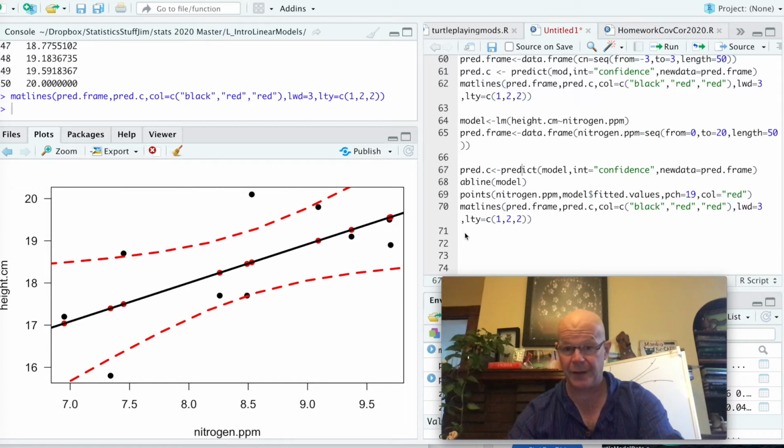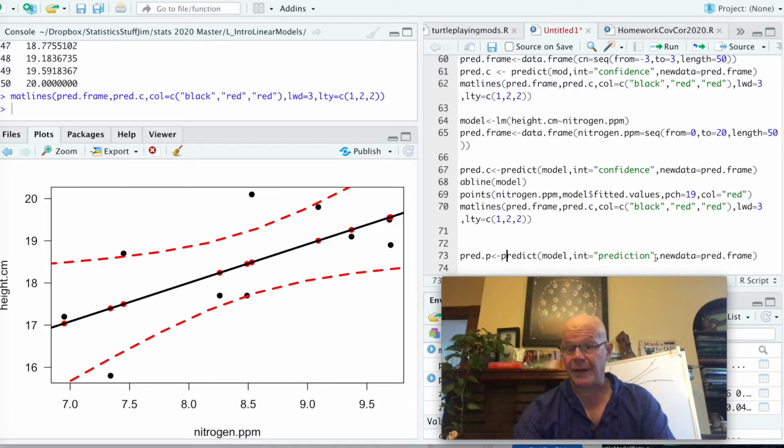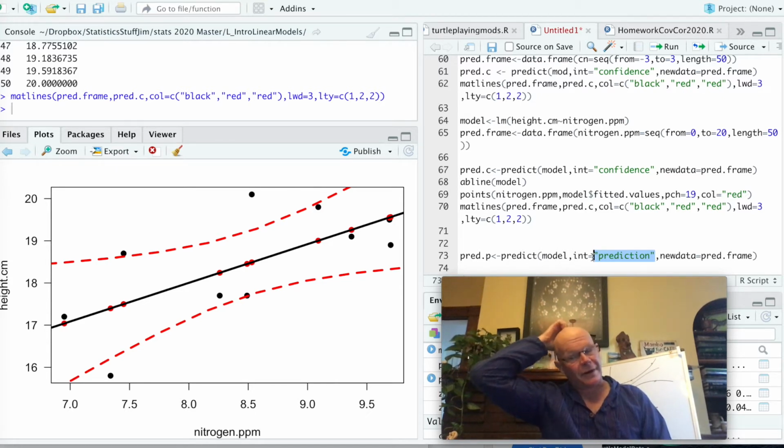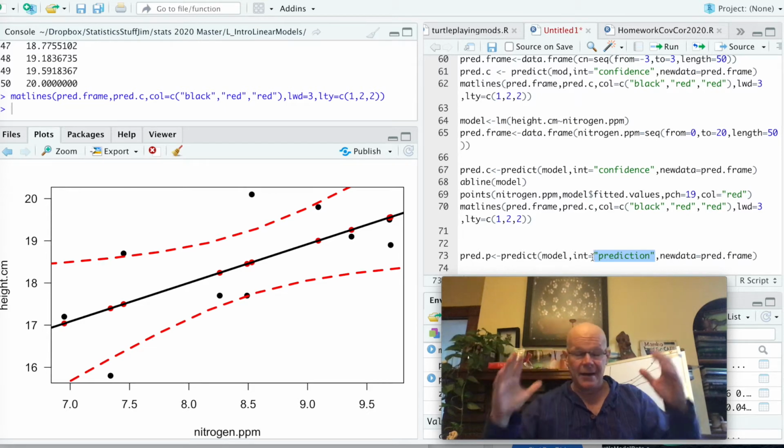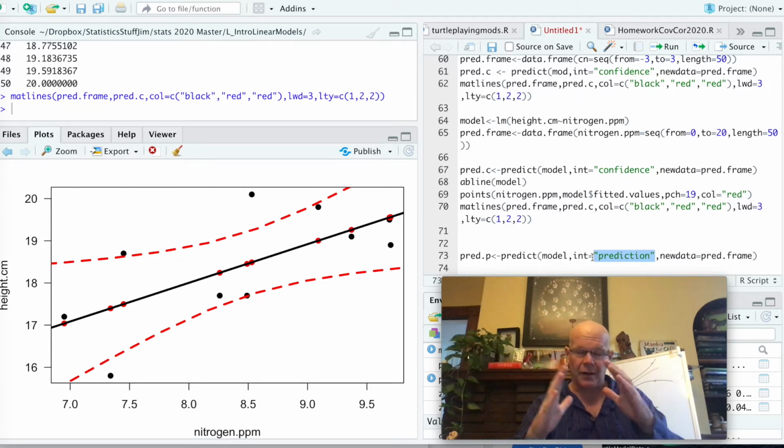So I'm going to cut and paste right from our little notes here, where now I'm going to say that the interval is the prediction interval. And this is about where the data are going to fall. Just like the 95% confidence interval about the mean was relatively small compared to where we expect 95% of the samples themselves to fall.